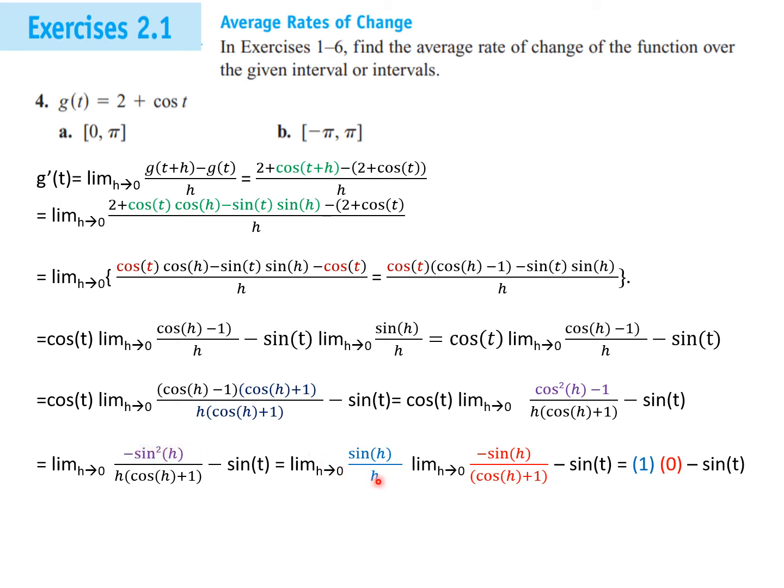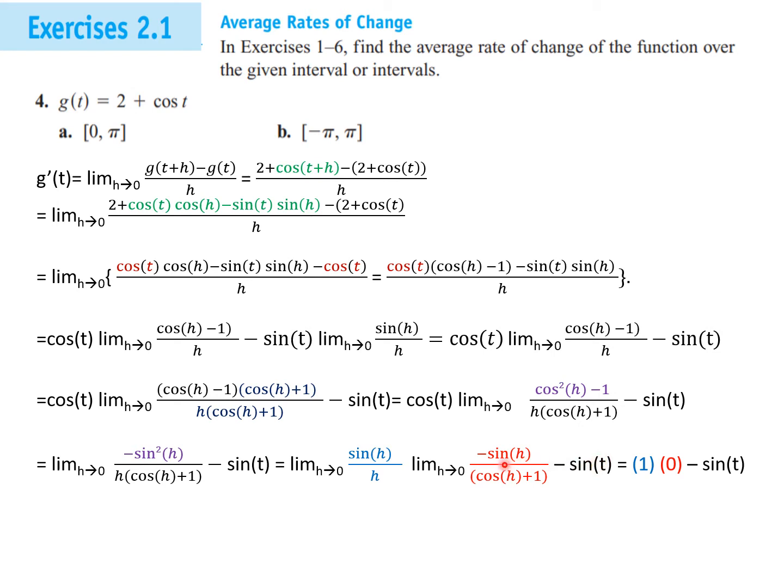Now we will go ahead and eliminate this limit of h goes to 0 of sine h over h. This will give us 1, so this is gone. And then now we have limit as h goes to 0 of negative sine h divided by cosine h plus 1. And then this is minus sine of t.